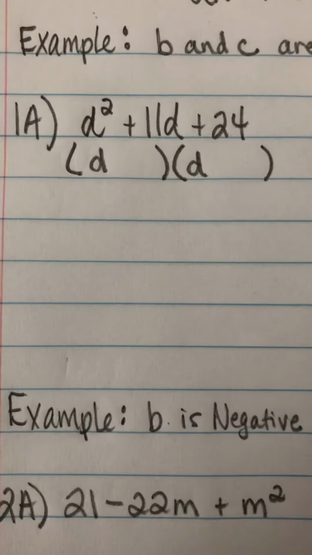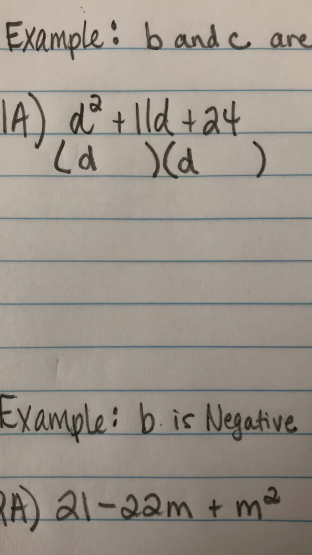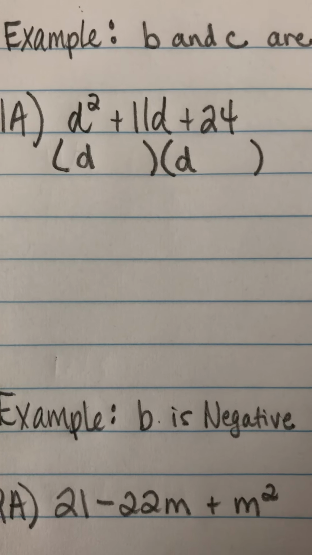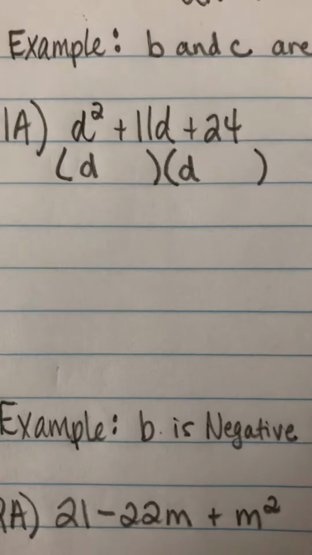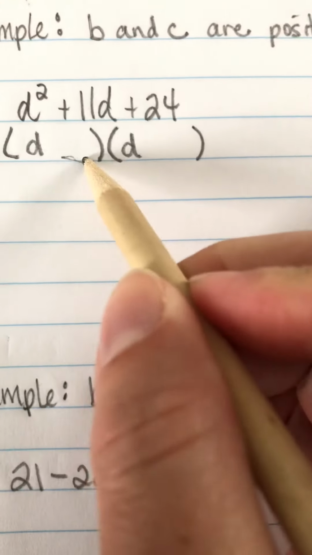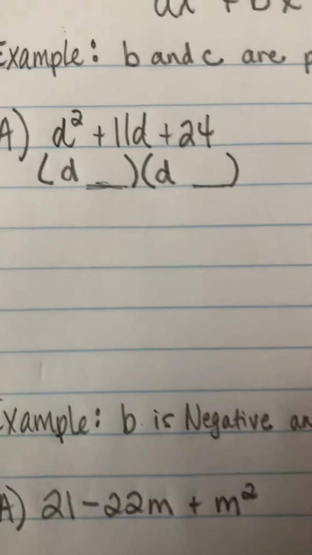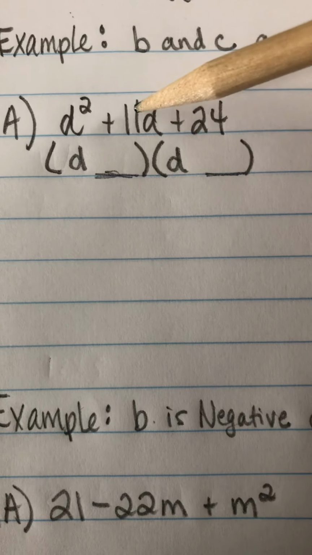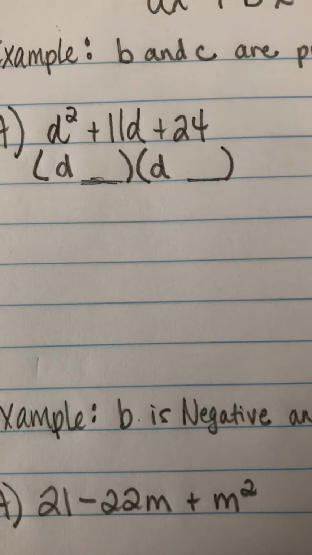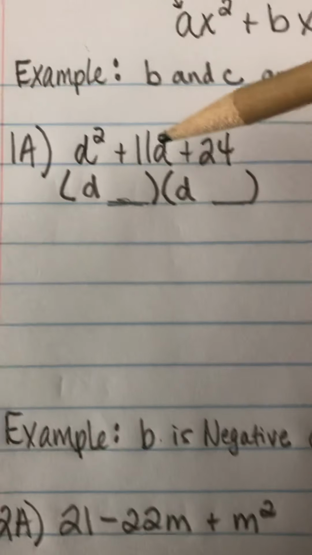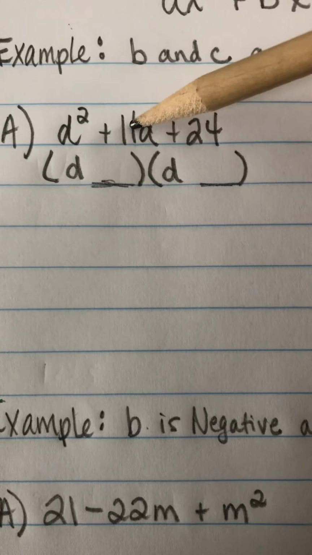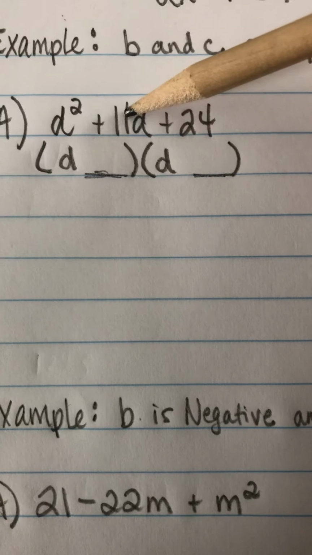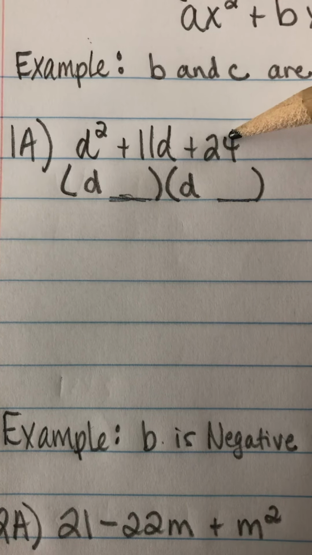You can just set it up like this every time. You're going to have two binomials, and I'm just going to put d at the beginning of each one. Then I have to figure out what would go here and here by doing what I said earlier. I need to think of two numbers that would add up to 11, and that I would multiply to get 24.